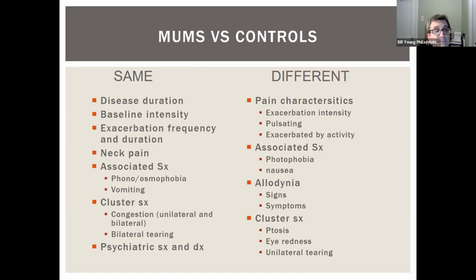What was the same between the two were a whole number of things, but what was different was that a lot of the symptoms in people with MUMS, with this one-sided weakness, were more severe: more light sensitivity, more nausea, particularly more scalp sensitivity, as well as more lid drooping and eye redness and tearing on the side of the headache. So all of these things were like a super migraine.